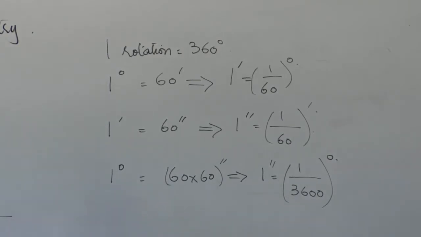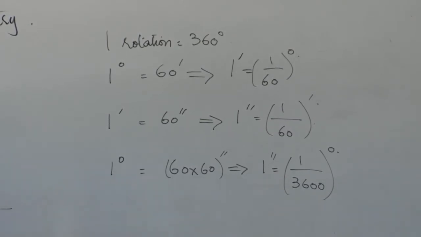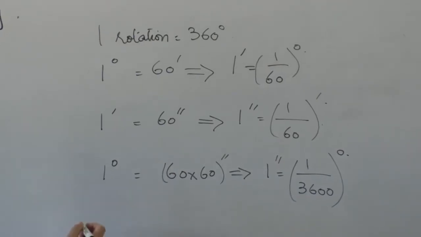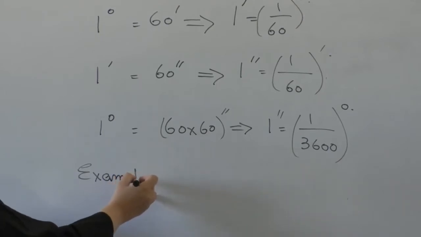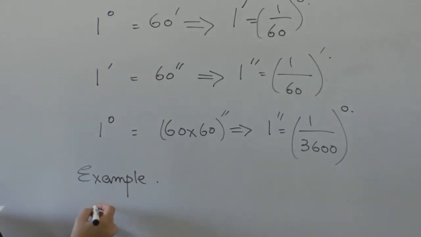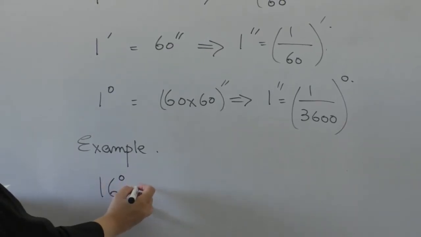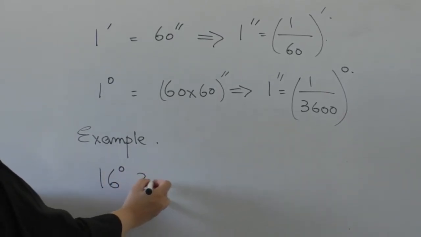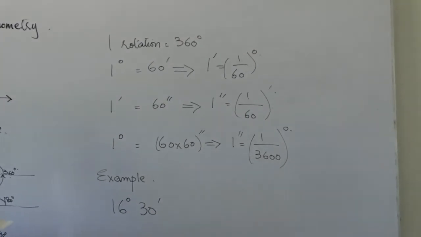Here, conversion of degrees, this sexagesimal to a decimal form. For example, here we have one example. Follow this example. I have written all the terms, all the values. Question is, convert 16 degree 30 minutes into decimal form.